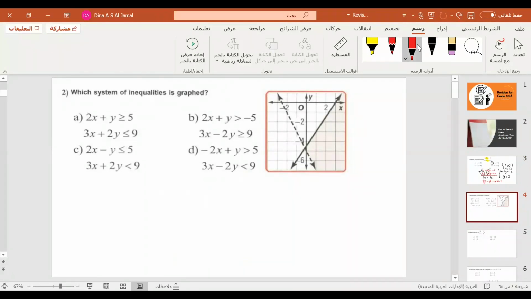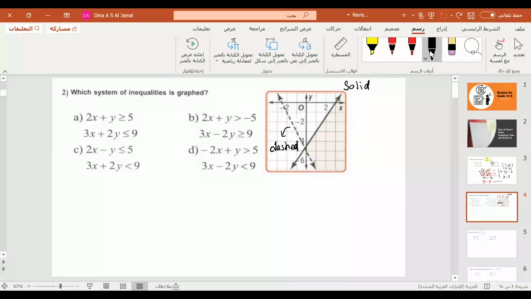Whenever you are given a question like which system of inequalities is graphed, first of all, you start by canceling the options that are impossible. Here you have one solid line and one dashed line.